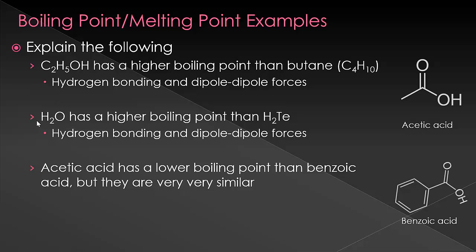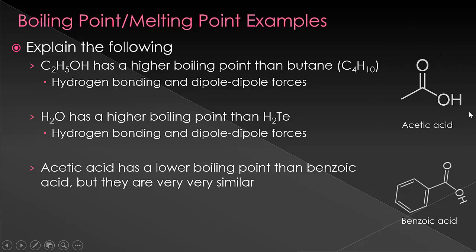Now, a little bit more complicated one. Acetic acid has a lower boiling point than benzoic acid, but they are very, very similar. So I want you to explain that. First of all, what makes it so that acetic acid would have the lower boiling point? We can see that they both have this OH. They both have this carboxylic acid group that gives it a dipole.